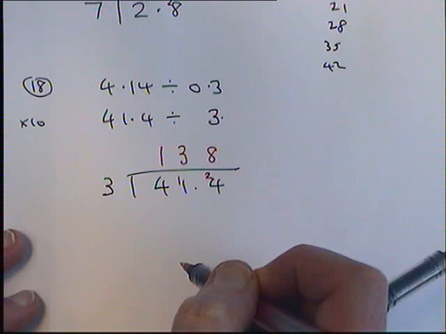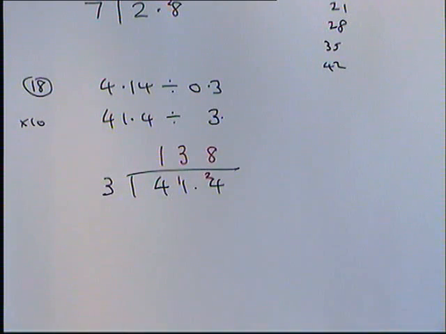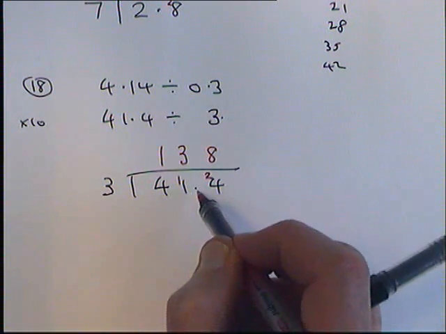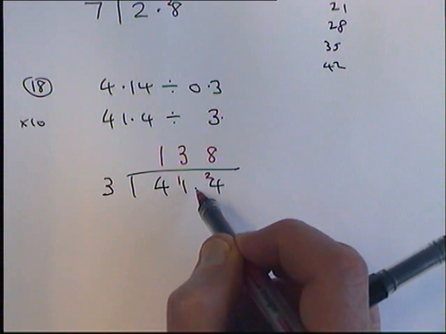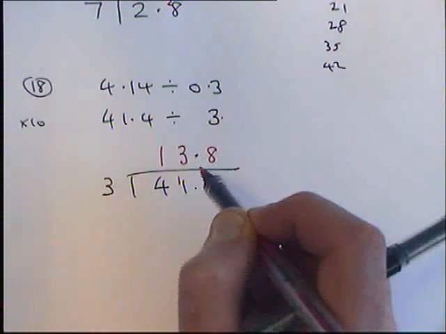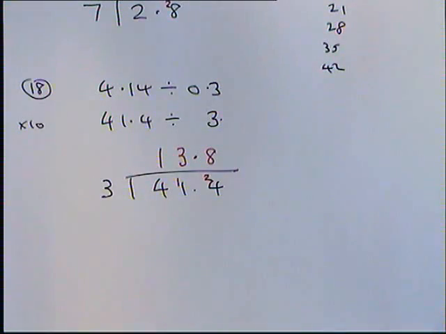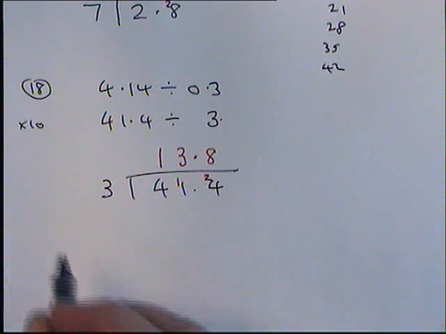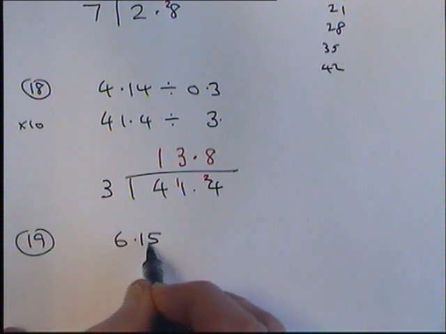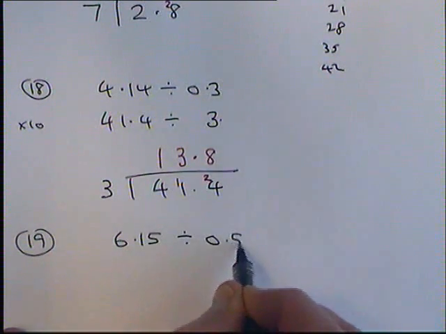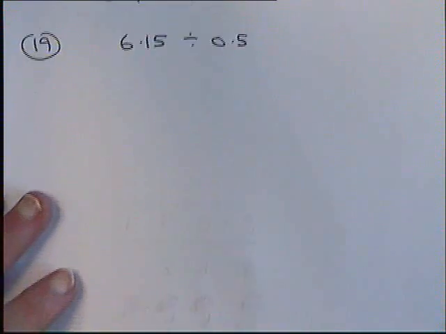So I'll put my 8 up there. No remainder, nothing else left to do but to sort out my decimal point. My point in my question is here. I put it directly above it. There's my answer to that question, 13.8.